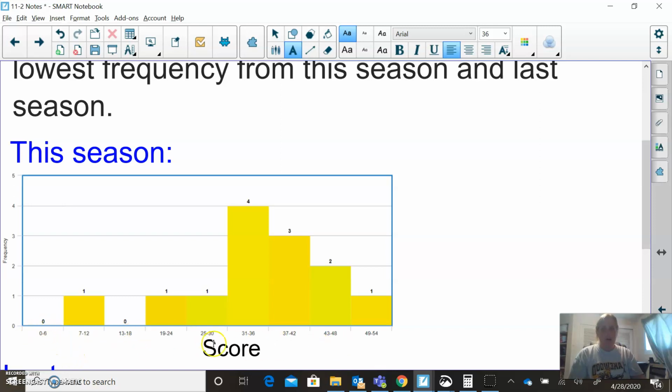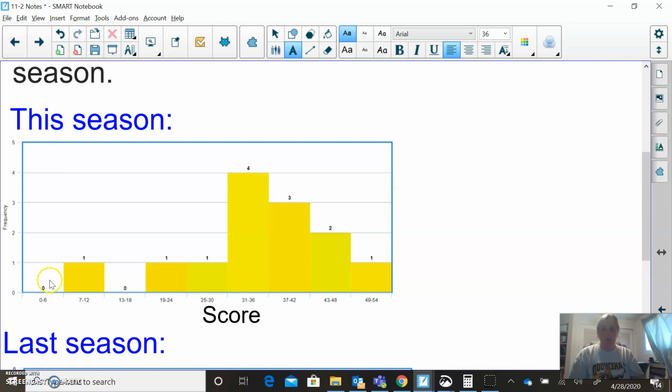On the bottom is our scores, okay? We didn't have any scores between 0 and 6, but we had one score between 7 and 12. We didn't have any scores between 13 and 18, but we had one score between 19 and 24. We had one score between 25 and 30. We had 4 between 31 and 36. Okay, that's how you read that.